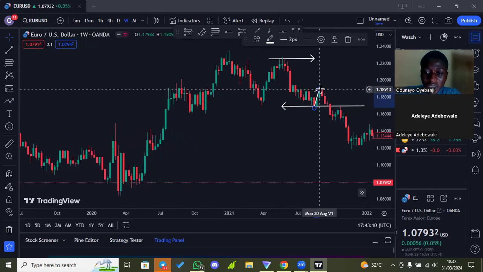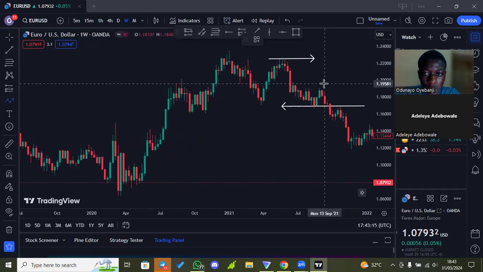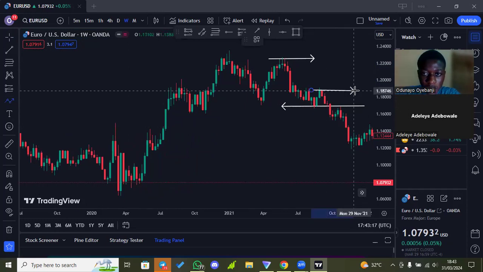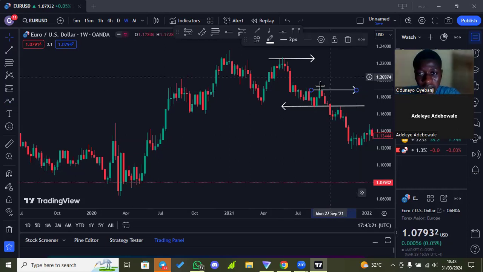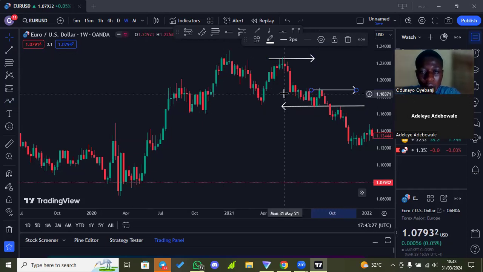Since it stopped here, it formed another high. Is this high higher than the previous one? No. Now what happened next?